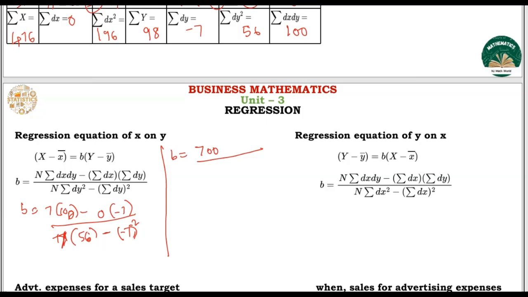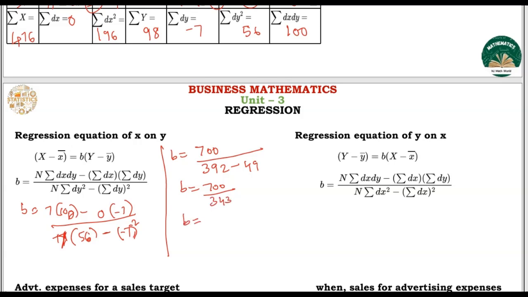56 into 7, you have to multiply. So if you multiply 56 into 7 it is 392, minus 7 square is 49. So b will be 700 divided by 392 minus 49, which is 343.